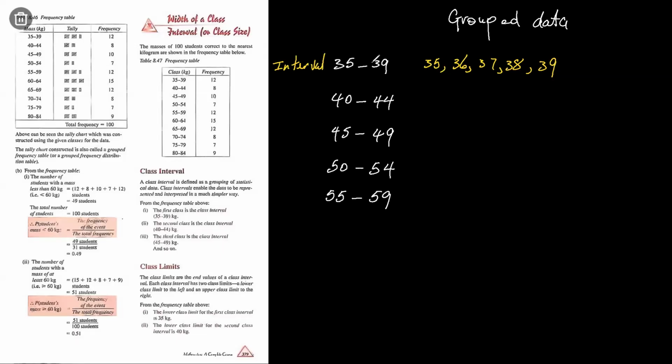So in this interval or group, we have 35, 36, 37, 38, and 39. The next interval is 40 to 44. So our interval represents a group of your data.